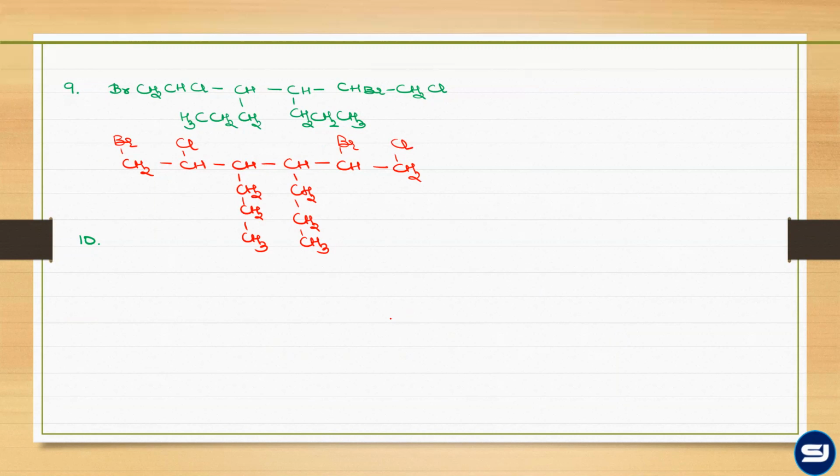So the longest chain will be of how many carbons? 8. And which will be the correct chain? Will it include the bromo-chloro? No. So which chain is the longest, you are saying?